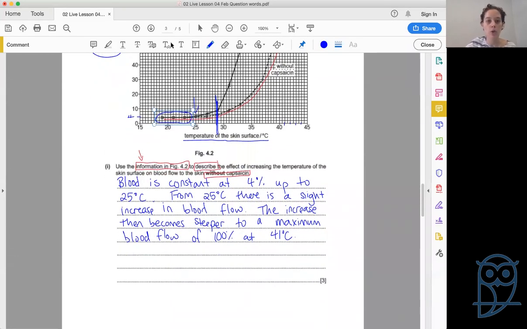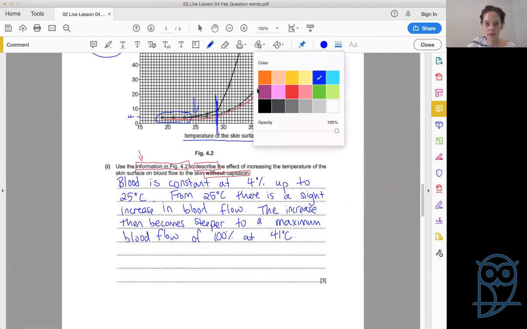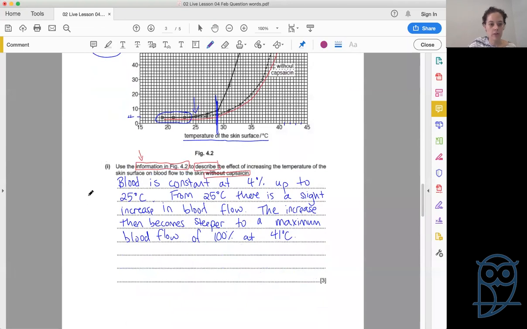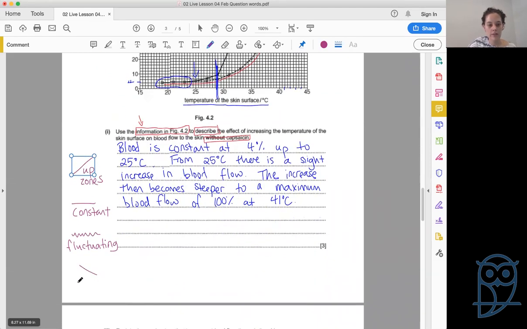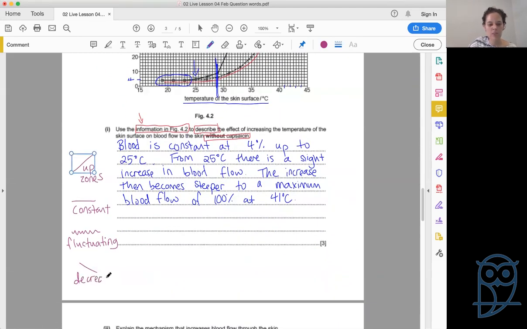So each time you're looking at a graph, you're looking for things like that. You're looking for increasing zones. You're looking for constant. You're looking for fluctuating. You're looking for decreasing. We should be technically correct.